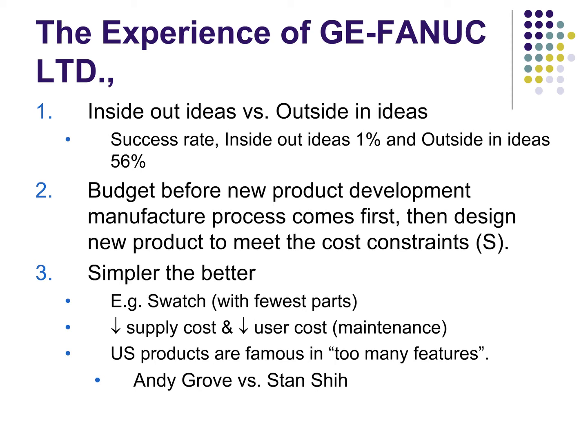Andy Grove was upset by Stan Shi's low price strategy, but Stan Shi said that, Andy, if we want to continue doing the business, we need to start thinking about those third world countries, including China and India. Okay, you name it. Just name those two.